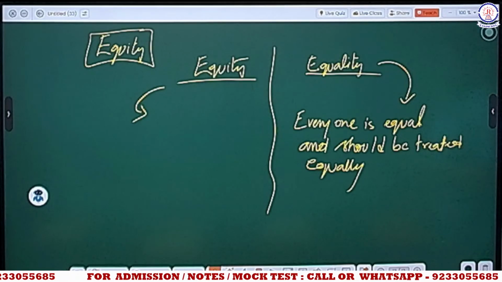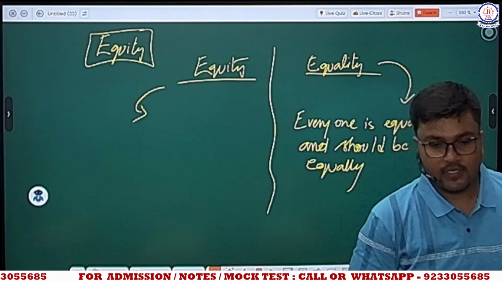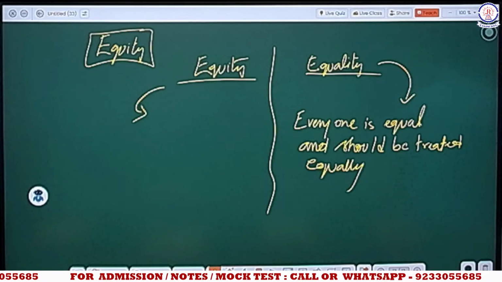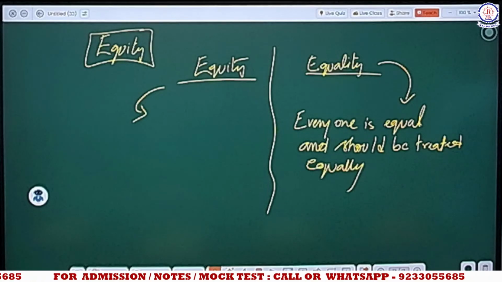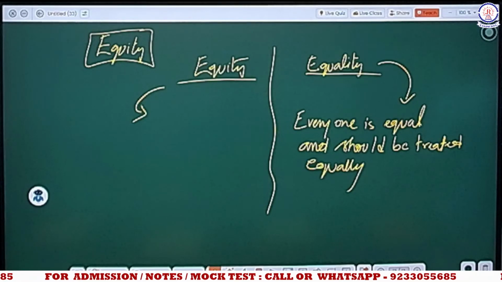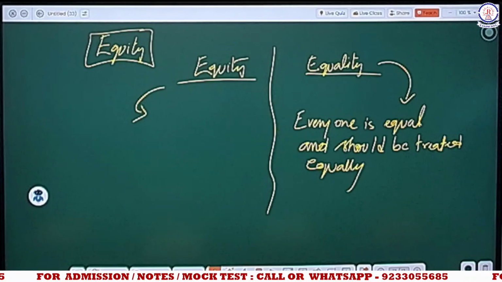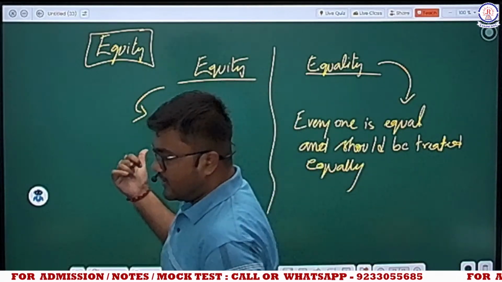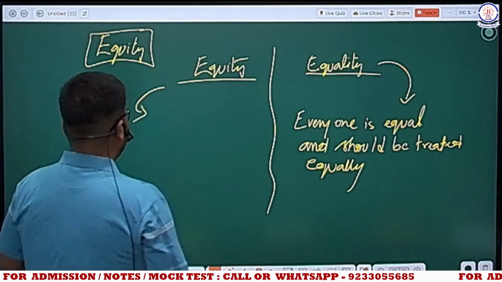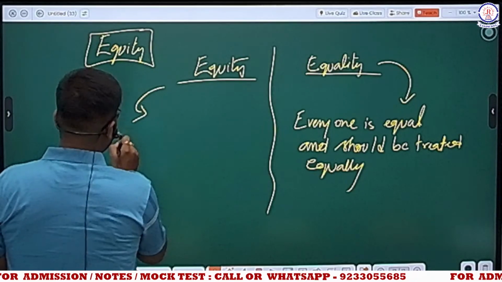Let's say in a state there are 100 old people, 100 senior citizens, and everyone receives a senior citizen allowance of 1000 rupees. That is equality. Okay. Now in equity, we basically say everyone is not equal.